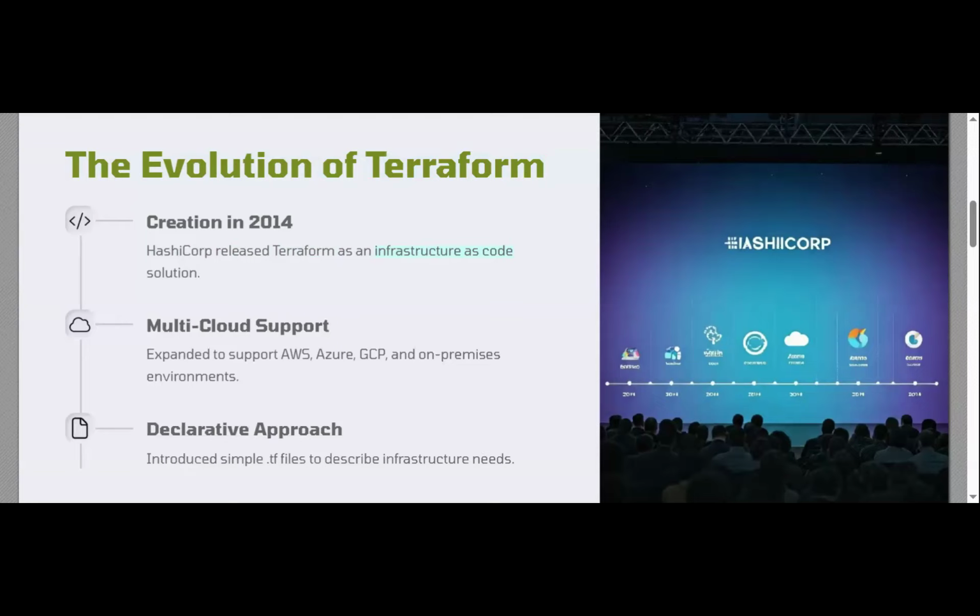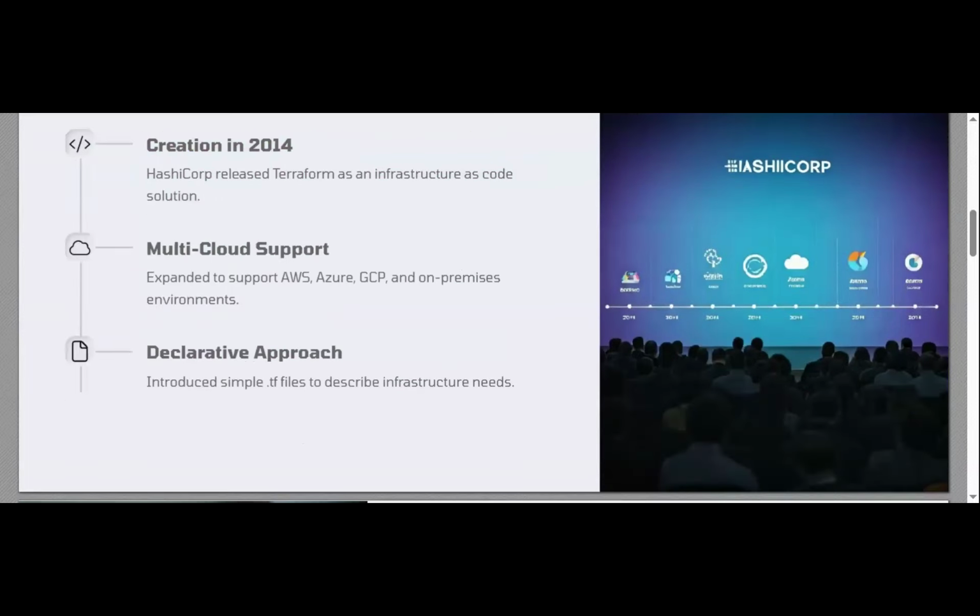Is it going to support only AWS? No, it will support Azure and others. So it supports multi-cloud: AWS, Azure, GCP, and on-premise environments also. So Terraform can support multiple things as well.